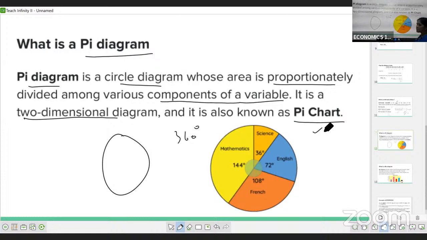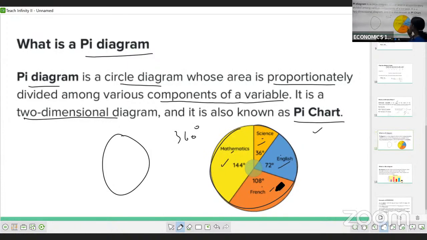It is for 2 marks. They won't ask you to calculate, but in order to understand how the pie diagram is, I am giving an example. The pie diagram will be like this. You can see that there are different variables, like mathematics, science, English and French.